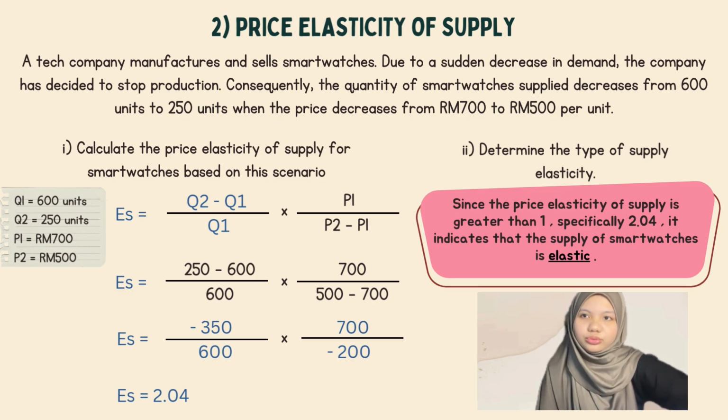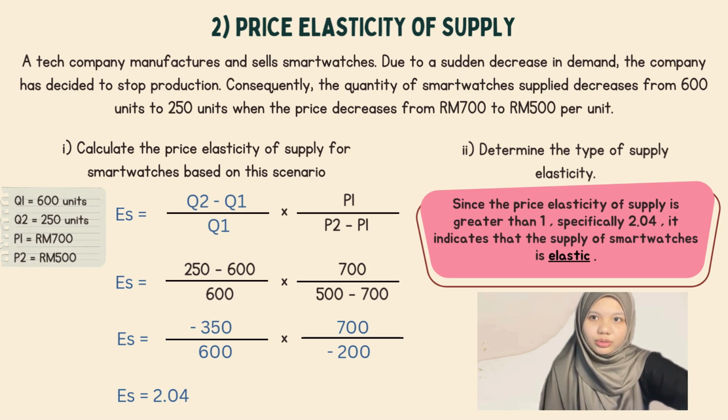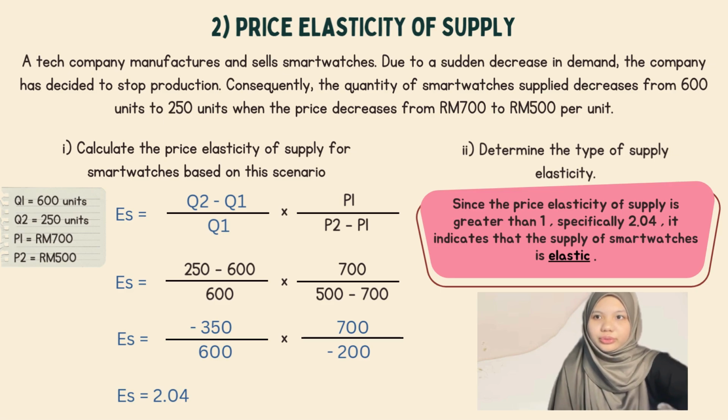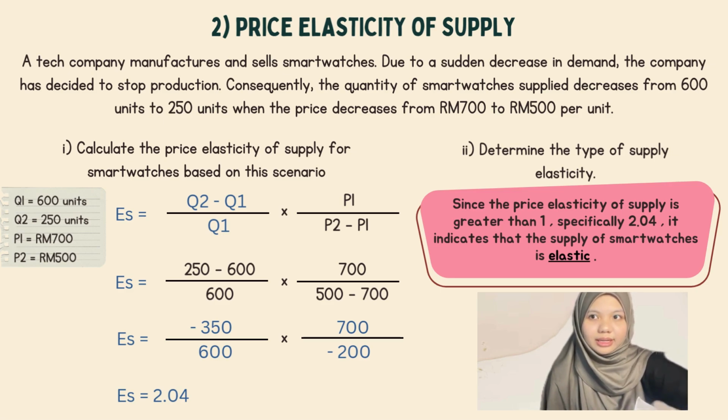ES equals 250 minus 600 divided by 600, multiplied by 700 divided by 500 minus 700, and it will be ES equals negative 350 divided by 600, multiplied by 700 divided by negative 200. So the answer is ES equals 2.04.